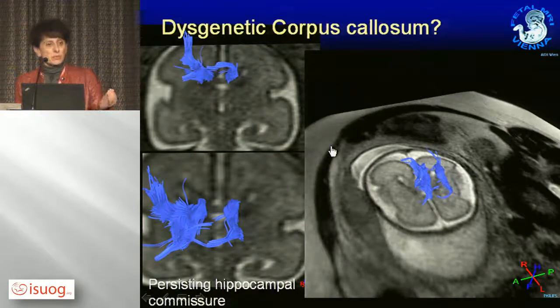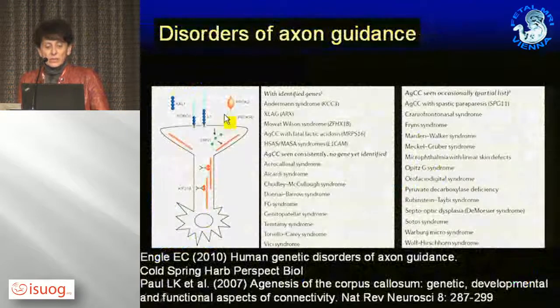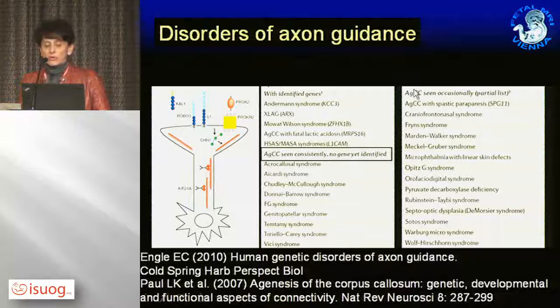Now, we know already from experience from neuropediatric departments that a persisting hippocampal commissure in callosal agenesis might be associated with a better prognosis than a partial or callosal hypogenesis of another type. And why are we interested in knowing this? Because lately disorders of axon guidance have been defined, and for most of them a genetical background has already been found. For callosal agenesis, this background has not yet been identified, but geneticists tell us it is a matter of years when we will know the genetic background of these disorders of axon guidance.